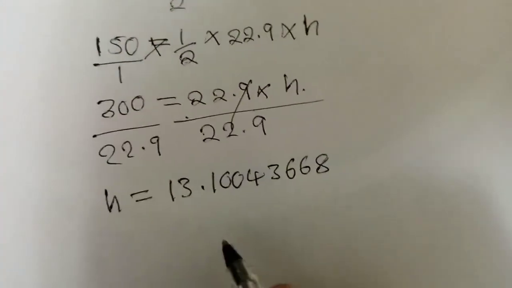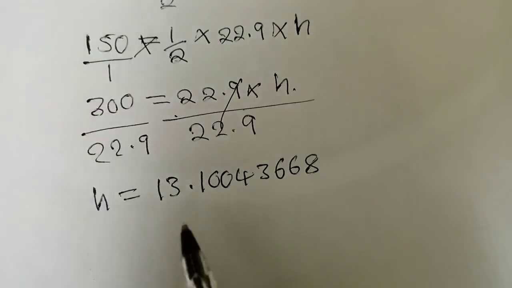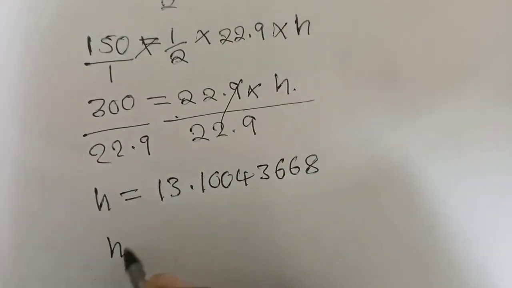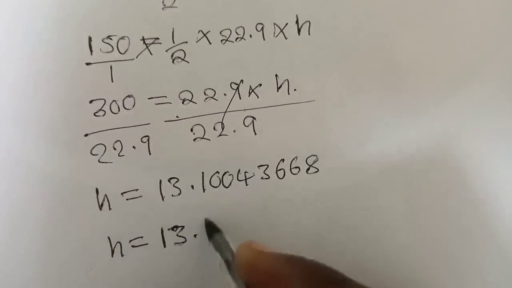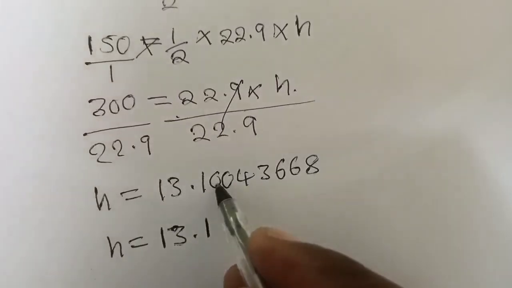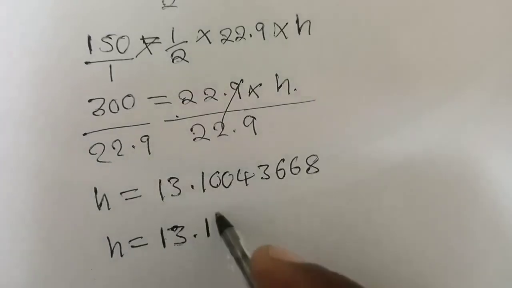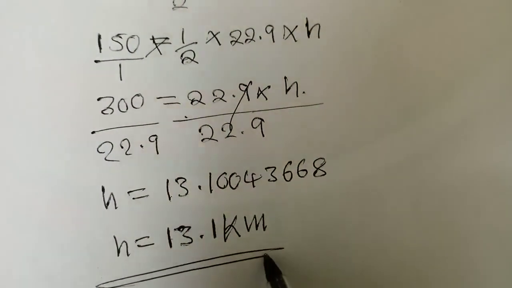It is 13.10043668. I said you should round off the final answer to three significant figures: 1, 2, 3. So h is equal to 13.1004, and since this one is less than 5, it is 13.1 kilometers. So this is the shortest distance.